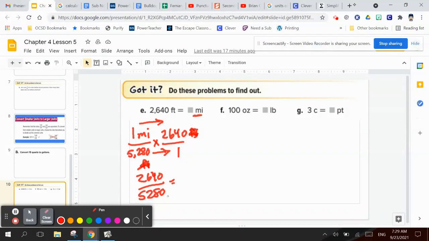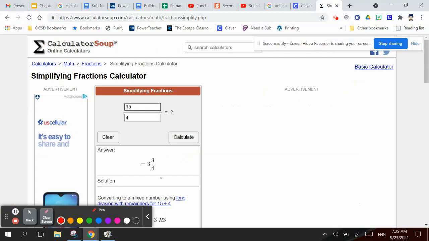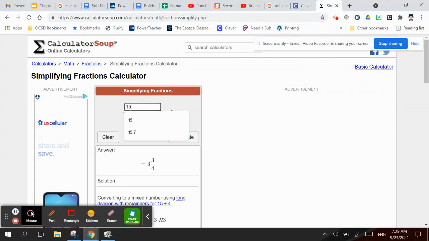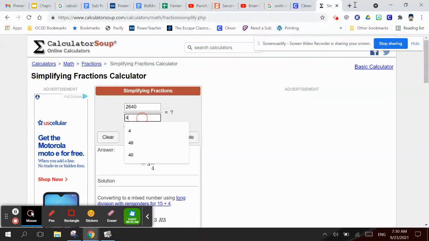So I need to put this into simplest form. So I'm going to go back to my simplest form calculator, and I'm going to type in 2,640, and my denominator is going to be 5,280.